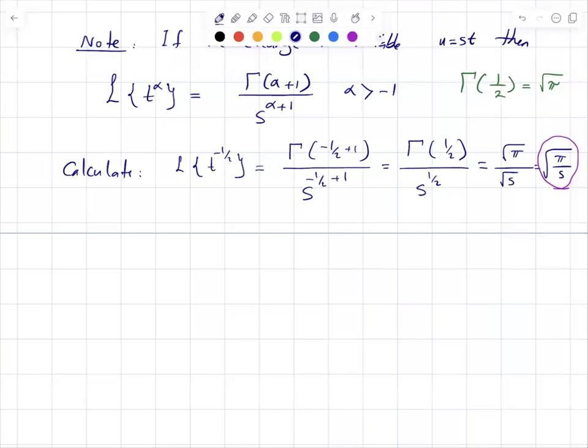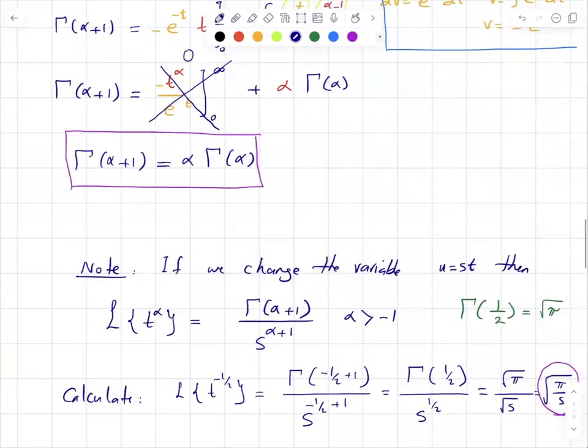Now suppose I ask you to calculate the Laplace of t to power a half. Well, by following the formula, this is the gamma of a half plus 1 divided by s to power a half plus 1. Remember from the formula up here, the gamma of alpha plus 1 is alpha times gamma of alpha.